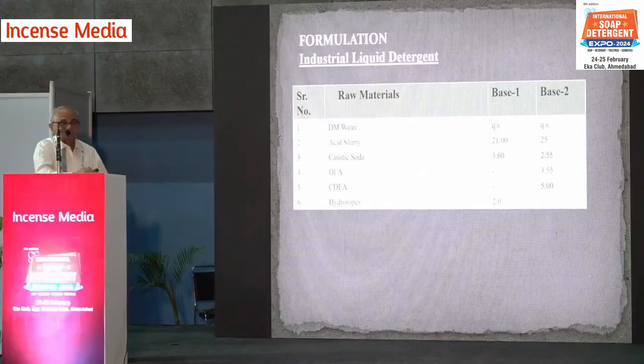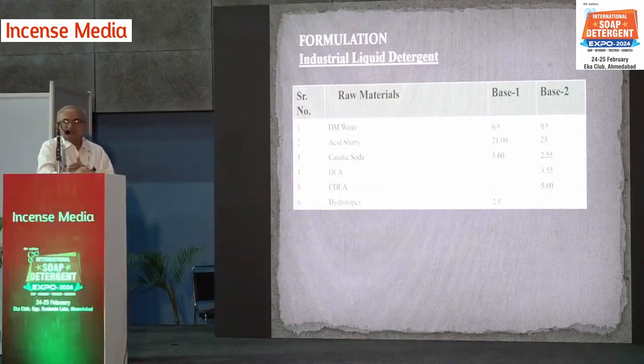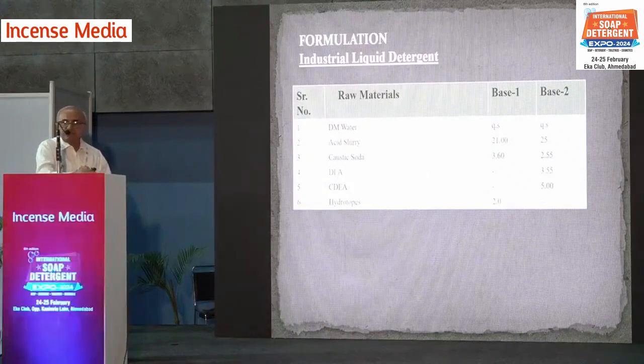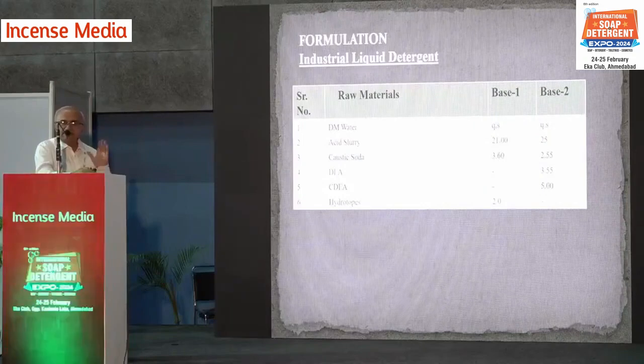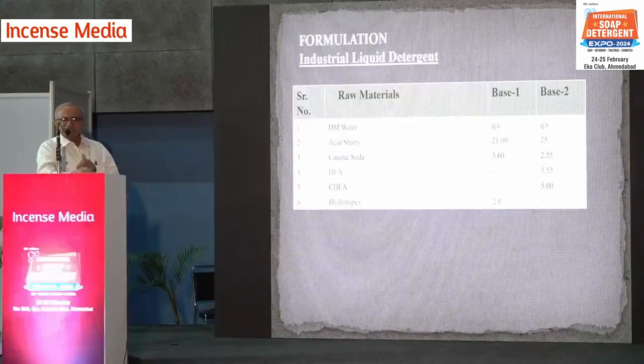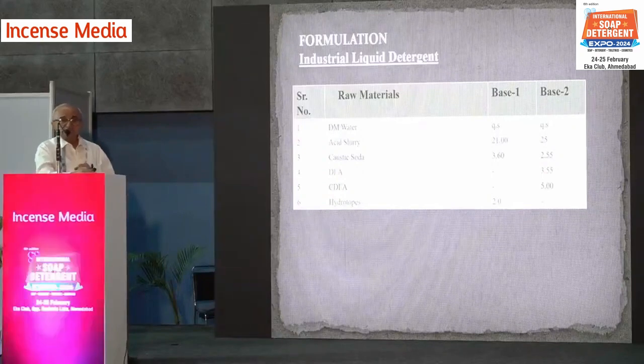Industrial detergent. In the ISO standard, there is one liquid. That specification is 20% active, and it is made from LABSA only. That liquid is used in dairy, then paints, then textiles.